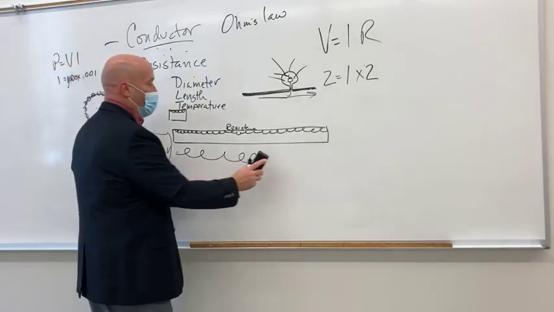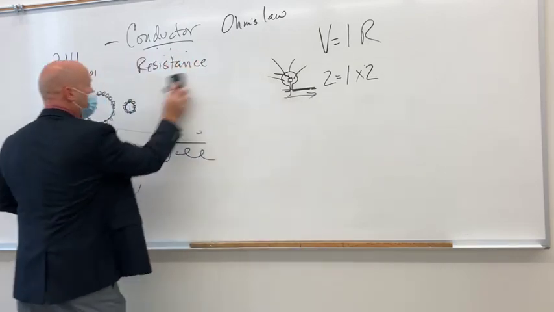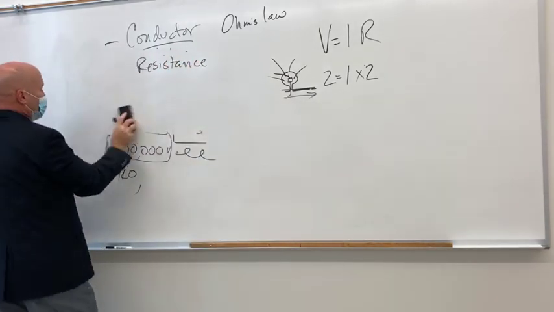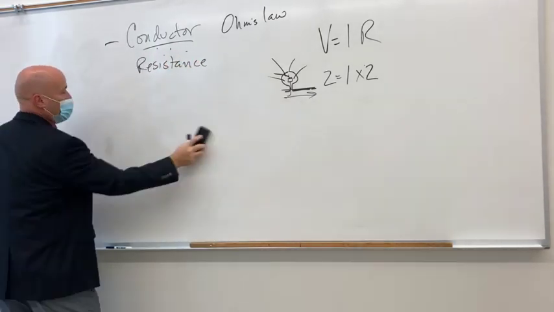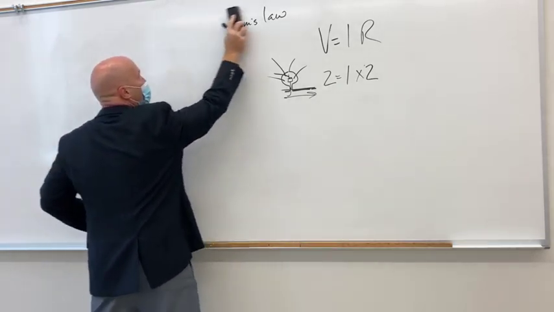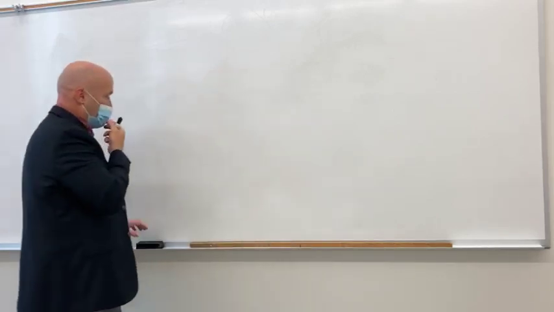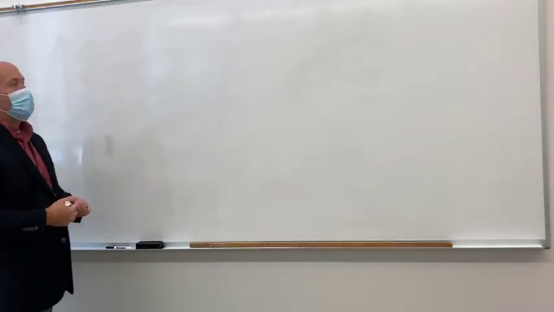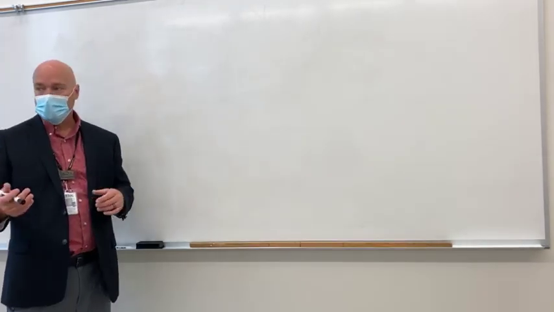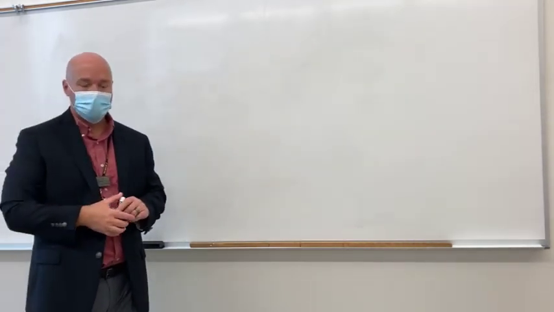Now, we've got two different types of circuits. And again, we're not going to calculate the voltage and resistance across each one of these, but we use both types. Now we've got series circuit. What's a series?